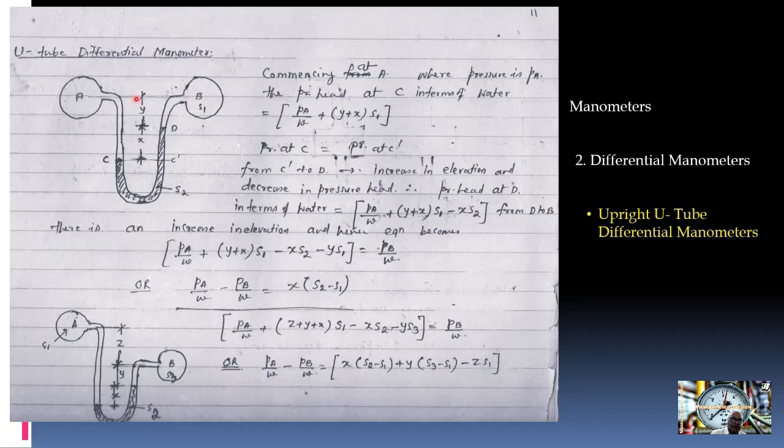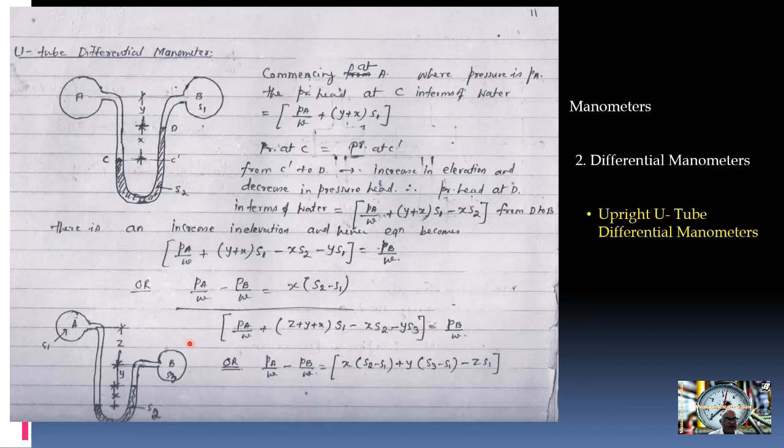Now if pipes A and B are at different elevations, let us say it is separated by having elevation Z here. Pa by W plus going down Z plus Y plus X into S1, then going up because at this point C and C dash pressure is same, then going up X into S2 because manometer is this liquid, minus Y into S3.